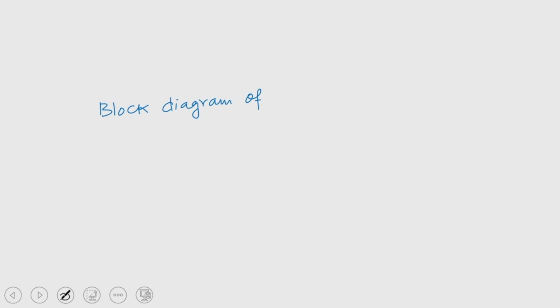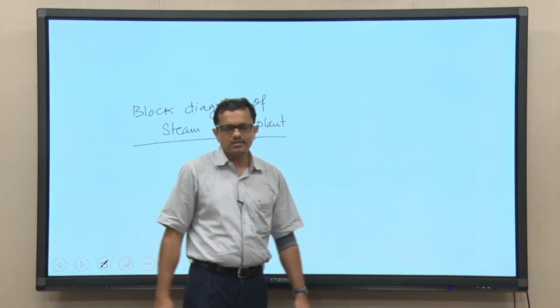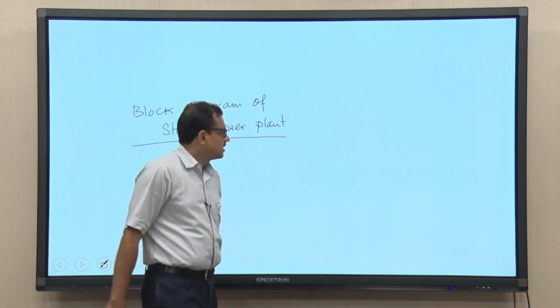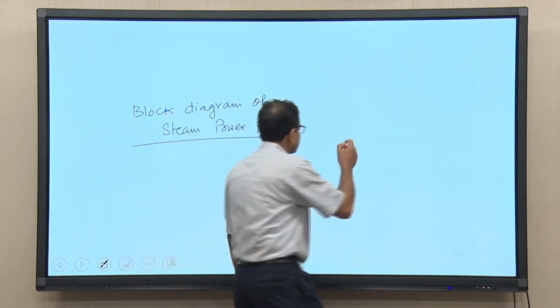So, today we discuss that block diagram of a steam power plant. You know that I am trying to represent not all components, but the major components which are used in the power plant.